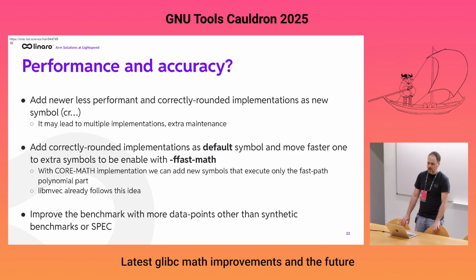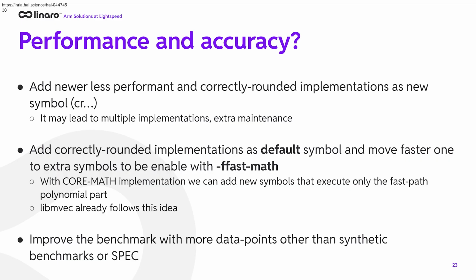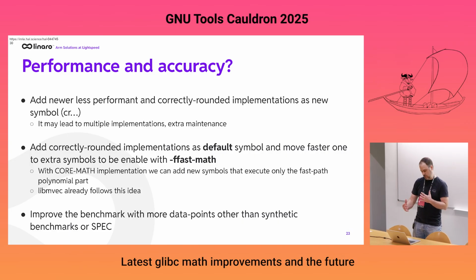And I think another strategy is we also can have both. If we design the library to do this, meaning we can have new implementations, which are correct rounding, but with new symbols, and we keep the old ones, but the new ones we provide as a new interface. I'm not very fond of this because it generates extra maintenance, and multiple implementations require more testing, more work.